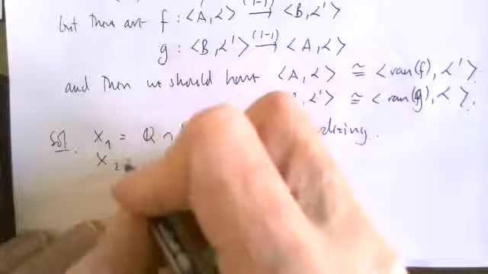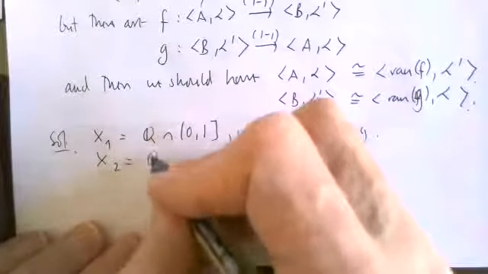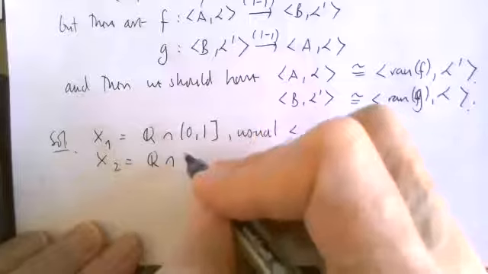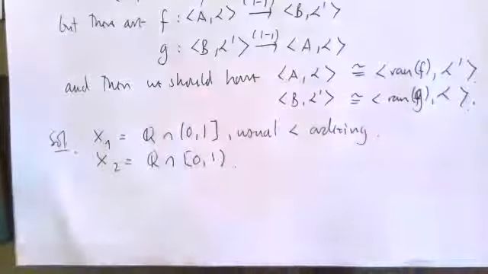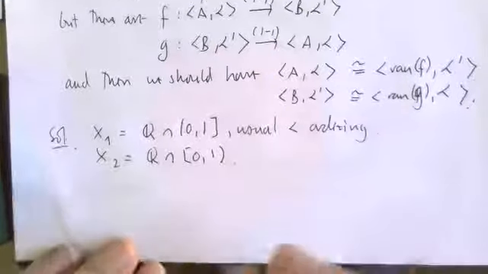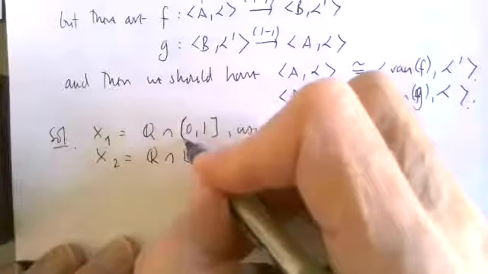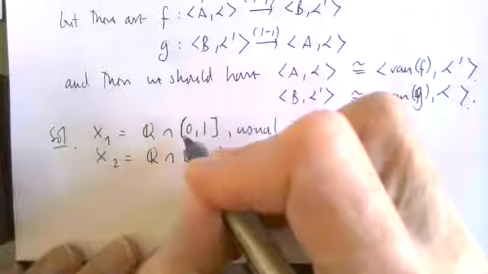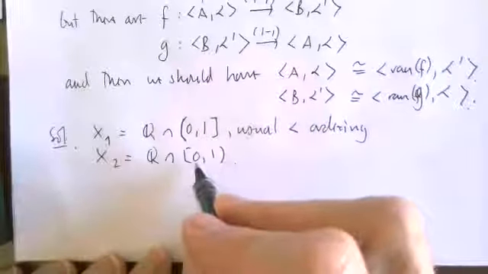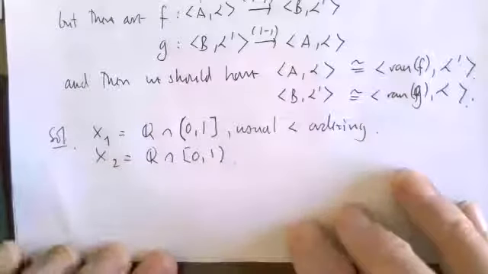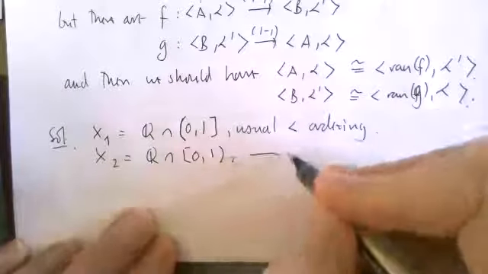And for B, I'll just take the rationals in the interval where 0 is included and 1 is excluded. Here it's the other way around for A: 0 is excluded and 1 is included. Again, the usual ordering.